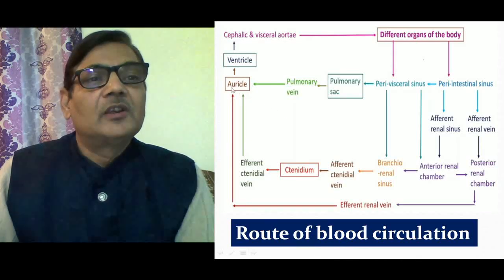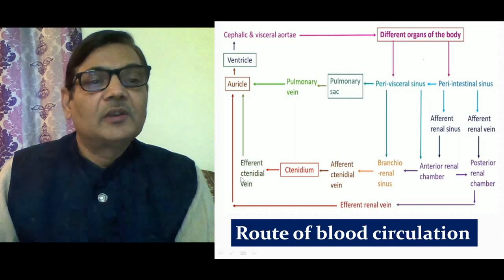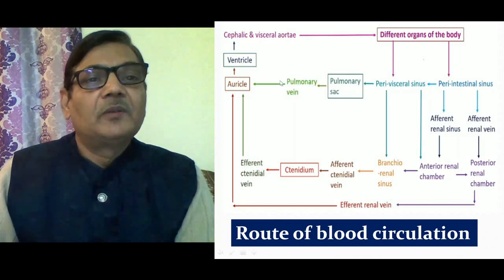As I said, it is auricle that mainly receives blood from three regions. One through efferent tenedial vein, that is from the gill region. It also receives blood from the pulmonary sac through pulmonary vein. So this pulmonary vein supplies its blood to the auricle during the terrestrial mode of life.